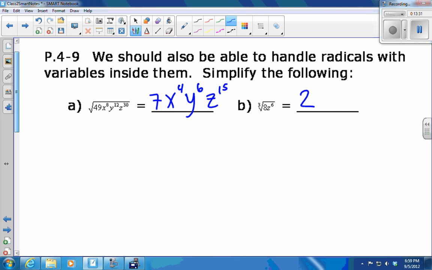Z squared times z squared times z squared. You add the 2's up and you get 6. You can also say 6 divided by that 3 gives you the 2. And 8 divided by the 2, because it's a square root. So you can always take the exponent and divide by the radical. The index, it's called.